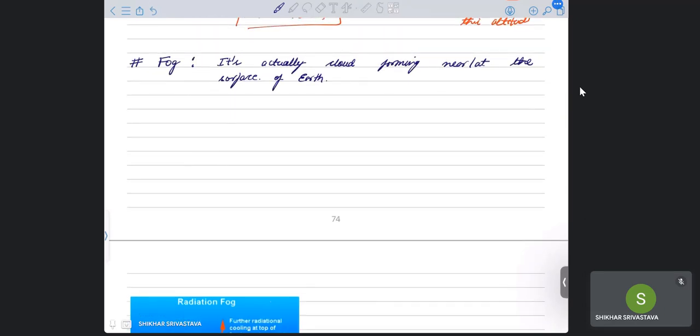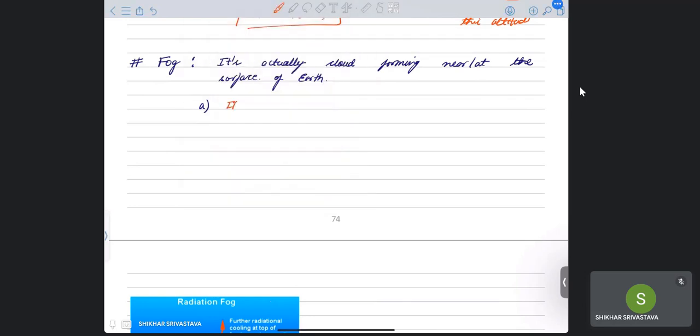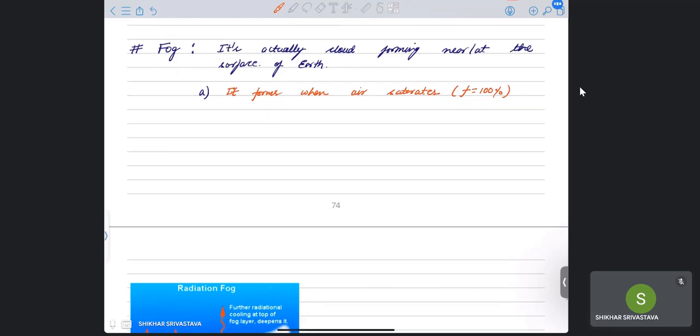So some of the facts: it forms when air saturates. This is a very simple, obvious thing, that air must be saturated. That is, relative humidity must be equal to 100%. Then only fog will form.